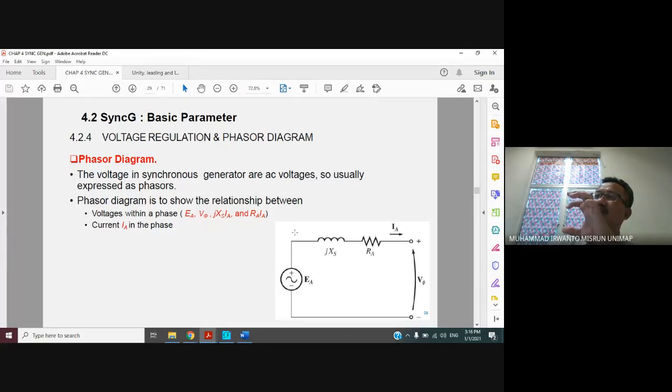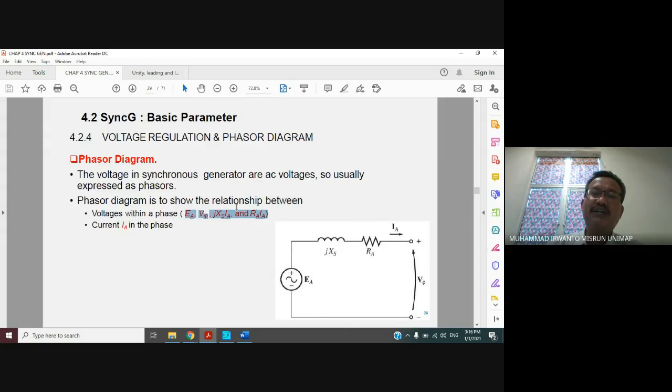The last is the phase voltage. So when we want to draw the phasor diagram, remember we have some electrical parameters, this one.